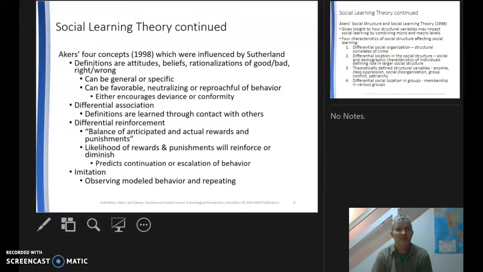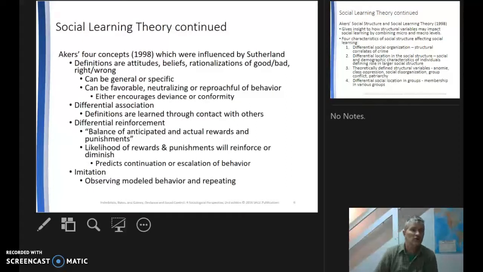First is definitions: attitudes, beliefs, rationalizations of good and bad and right and wrong. These definitions can be general, they can be specific, they can be favorable, neutralizing, or reproachful of behavior, and they can either encourage deviance or they can encourage conformity.